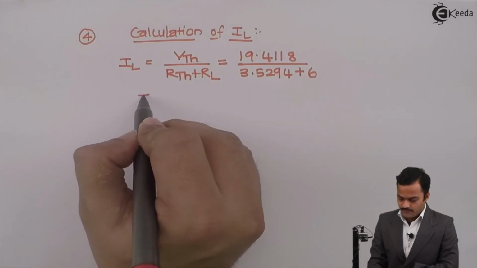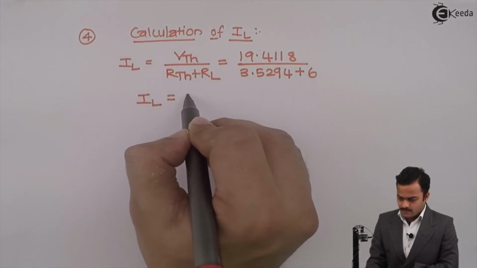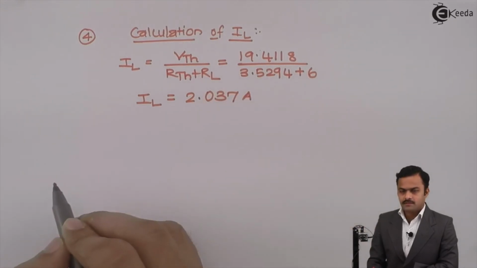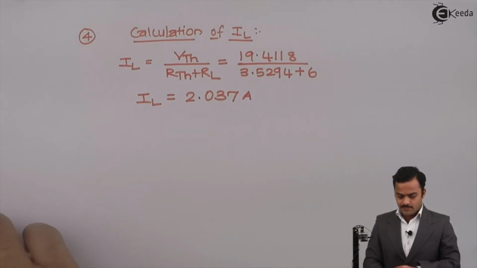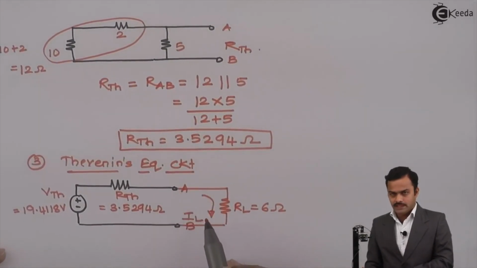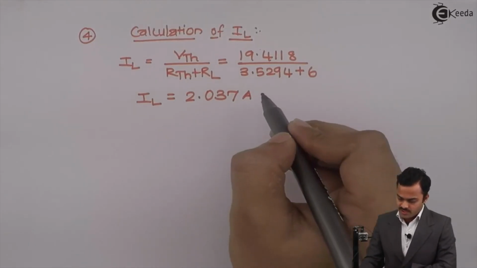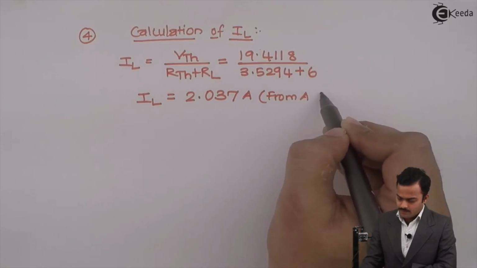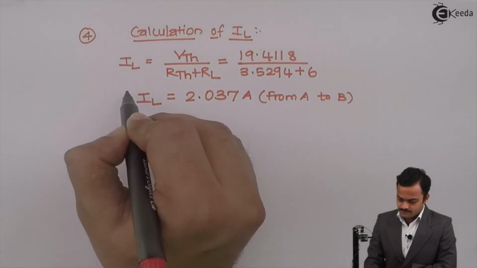If I solve, I will get IL as 2.037 ampere, and I am getting this answer as positive. That means I can say current is flowing from A to B. So here you have to mention the direction. I will write here from A to B.